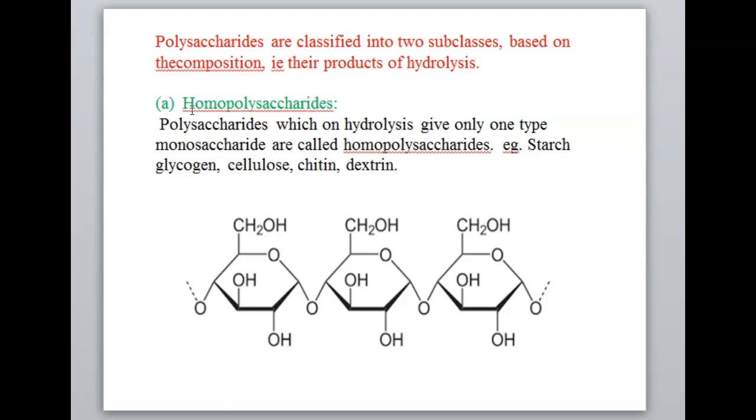That is called homopolysaccharides. Polysaccharides which on hydrolysis give only one type of monosaccharide. No other type is present here. You just concentrate on only one same type, no different type, only single monomeric units are present. So that is given as homopolysaccharides. Examples are starch, glycogen, cellulose, chitin as well as dextrin.